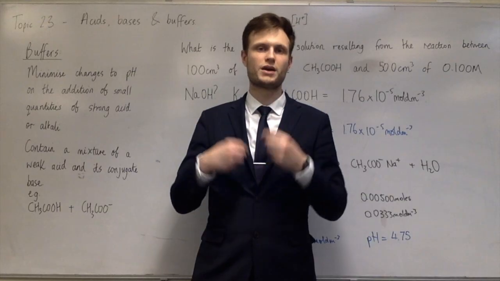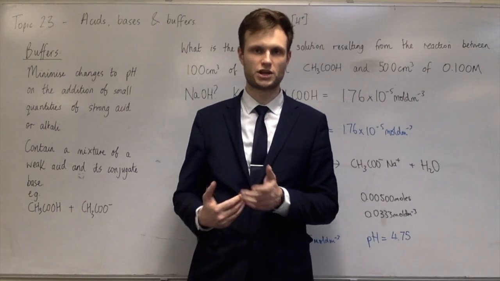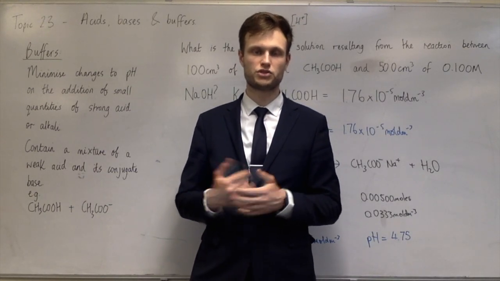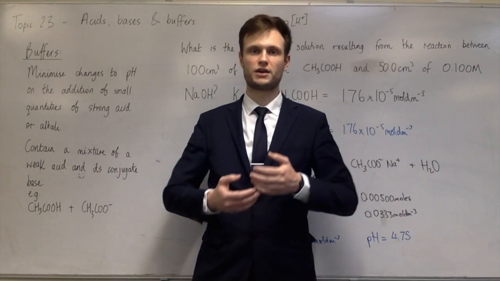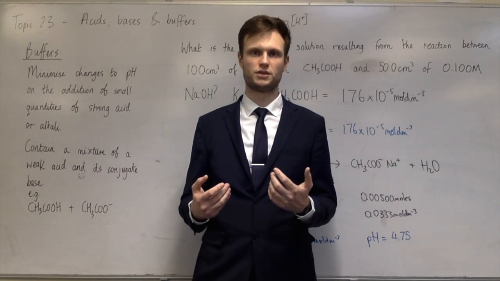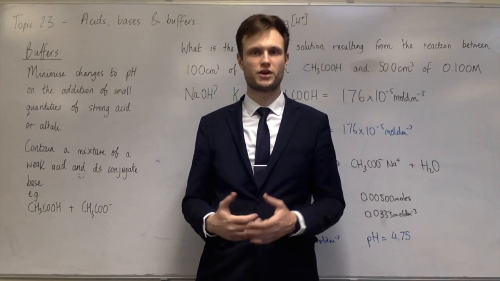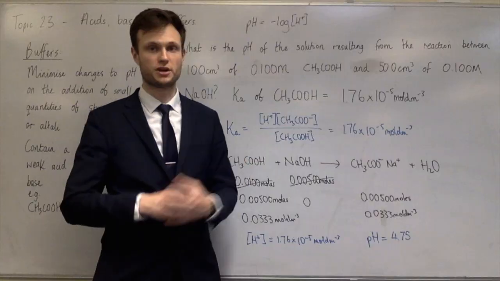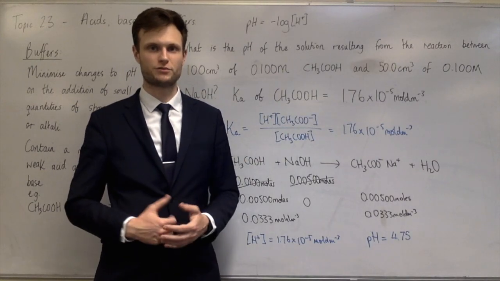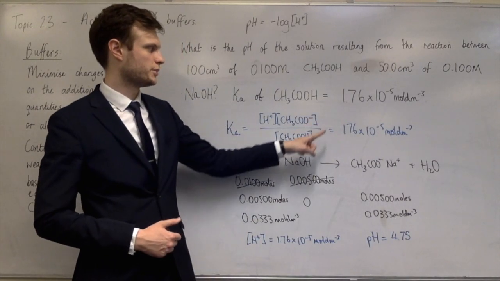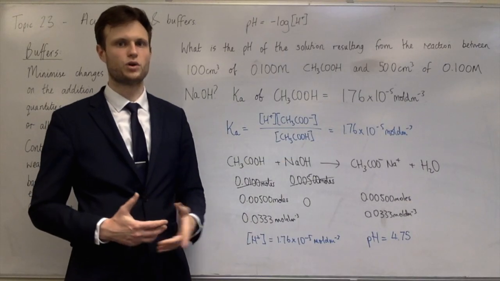So if you get a small amount of strong acid in your blood, it doesn't change the pH too much, because changing the pH a lot in your blood would affect all of your body systems. And so that pH has to be maintained at a very narrow range. And those are the questions where I've seen the ratio come up before. And when I say ratio, I just mean this number divided by that number, what is it?